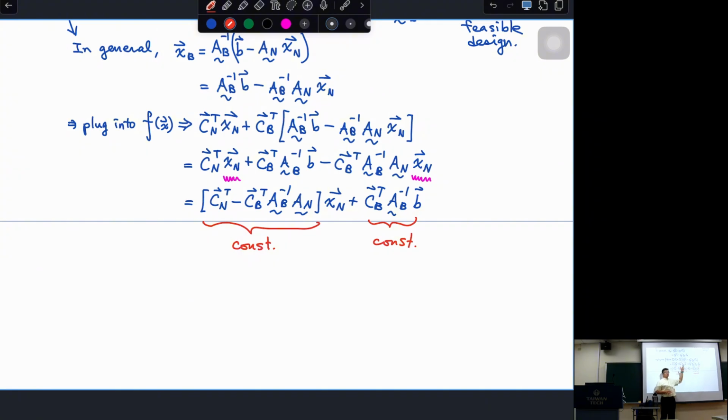And remember, what's the value of non-basic at the beginning? It's 0, right? Non-basic are zeros.